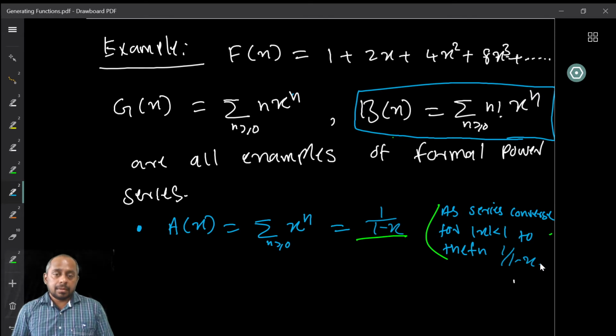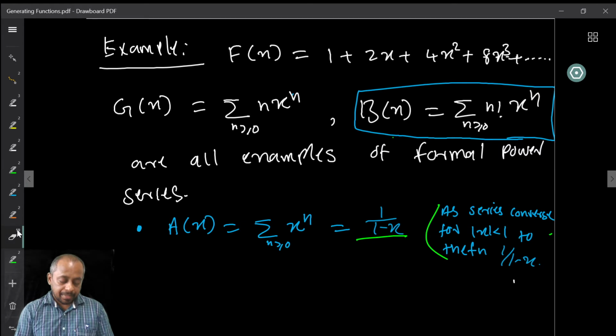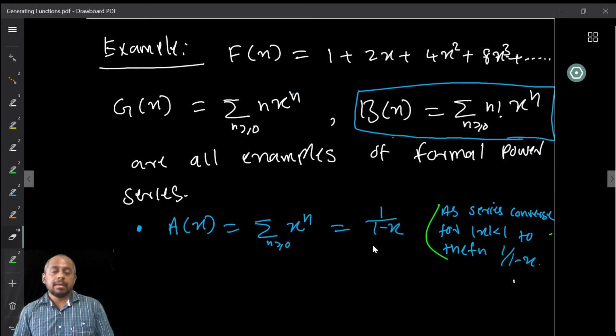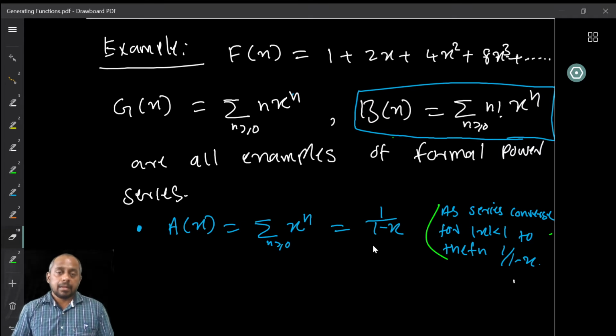So we can represent this power series as this function. So in some cases it is possible. For the cases whenever it is converging to functions, we can represent it as a function itself. And if it is not converging, then we will write it as a series itself and work with the series.